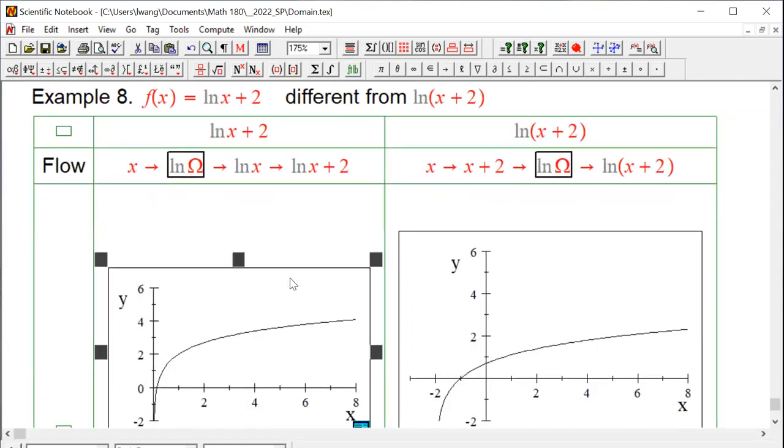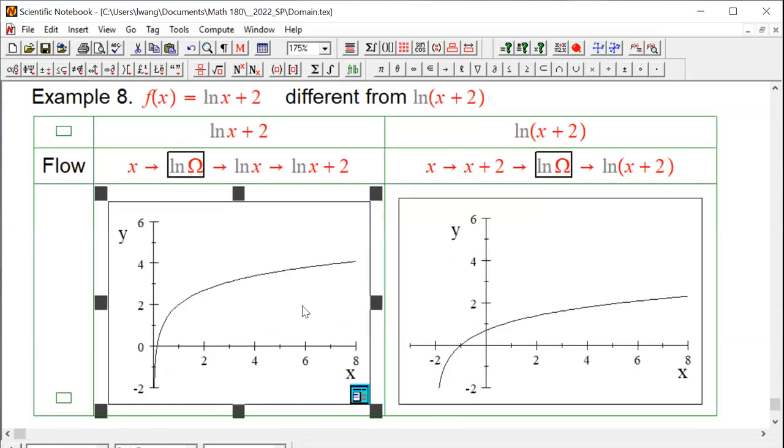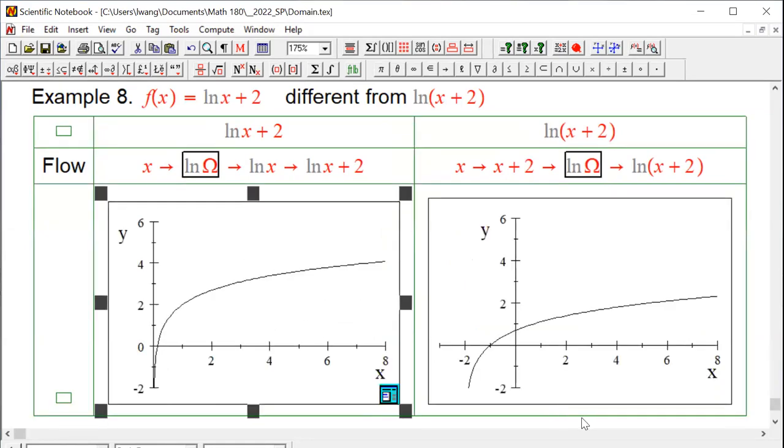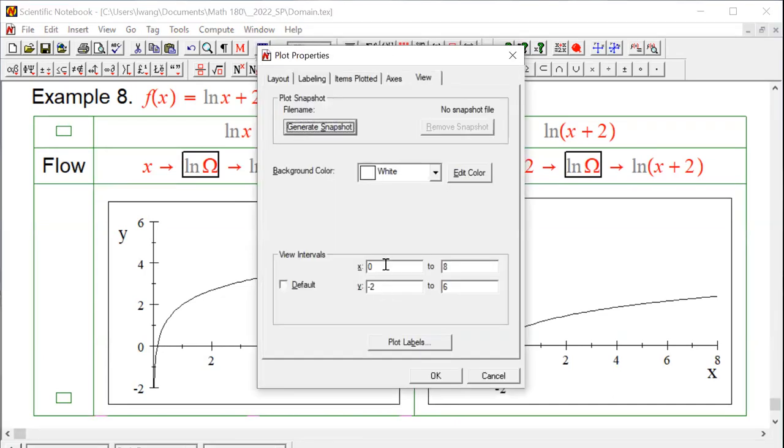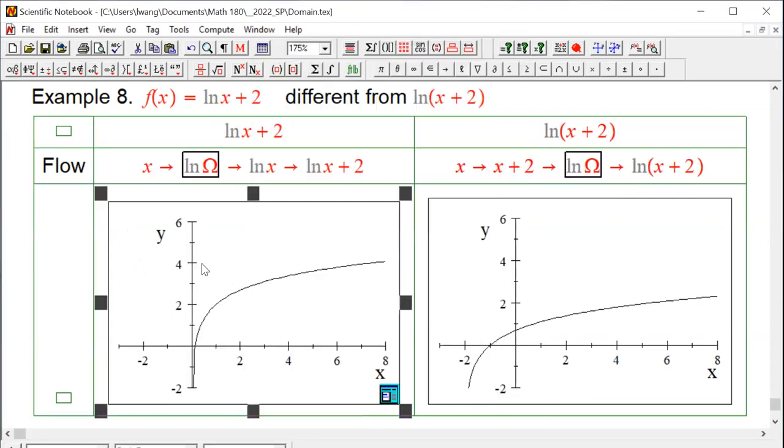And we're going to make them the same scale so you can see for yourself how different they are. Now they don't have the same scale, right? So here on this one, I'm going to adjust it to -3 to 8, right? So -2. So the vertical direction is correct. You can see they're different.